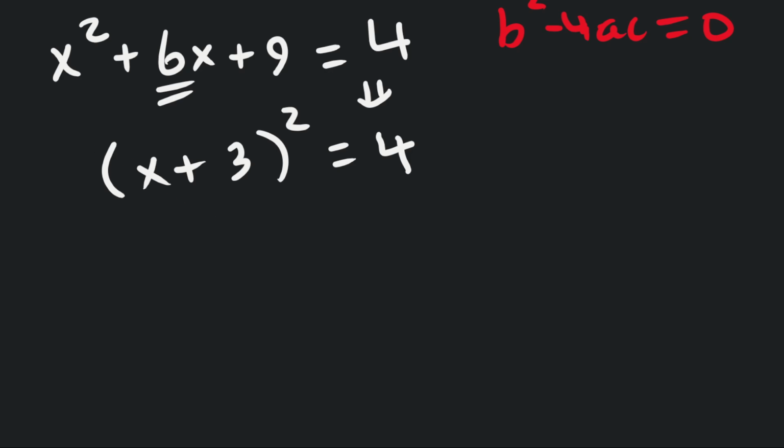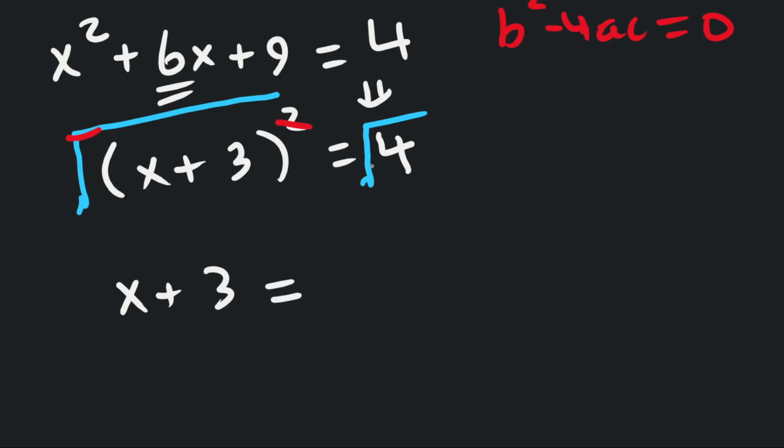And what we can do here, we can still solve for x by taking the square root of both sides. Let me just make that blue instead of red. So we can take the square root of both sides. And that square root will cancel out the squared. And we are left with x plus 3 equals, and we have this radical 4 here. Now, we have to be very careful.